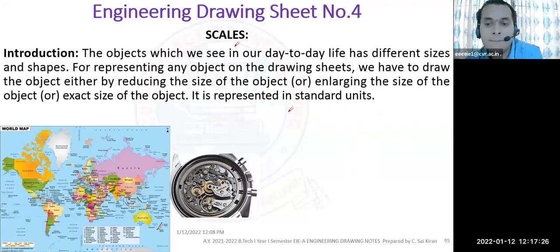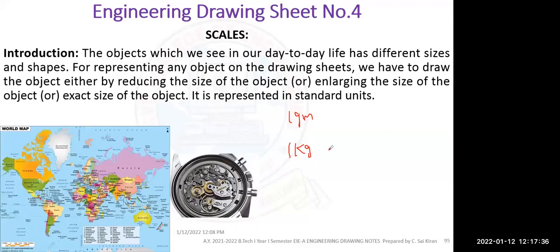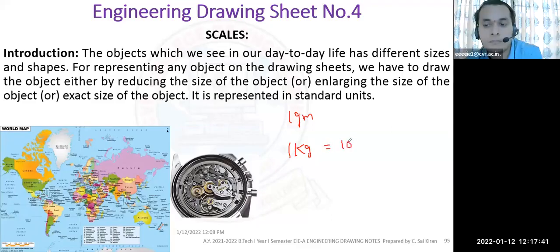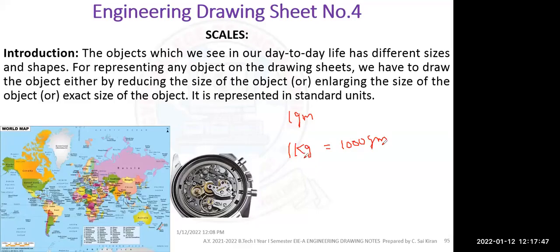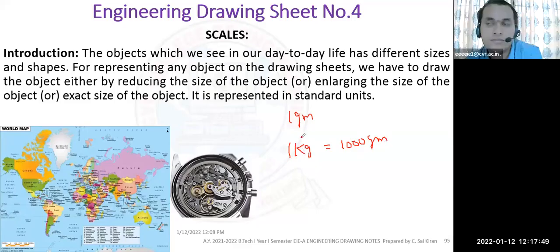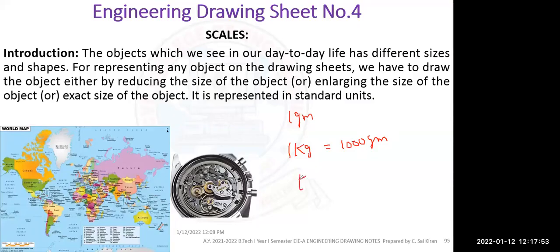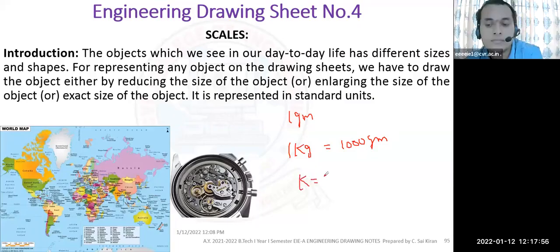So 1 kg equals how many grams? 1000. 1 kg equals 1000 grams. Kg's full form is kilo, and kilo is nothing but 1000. We take kilo as 1000.